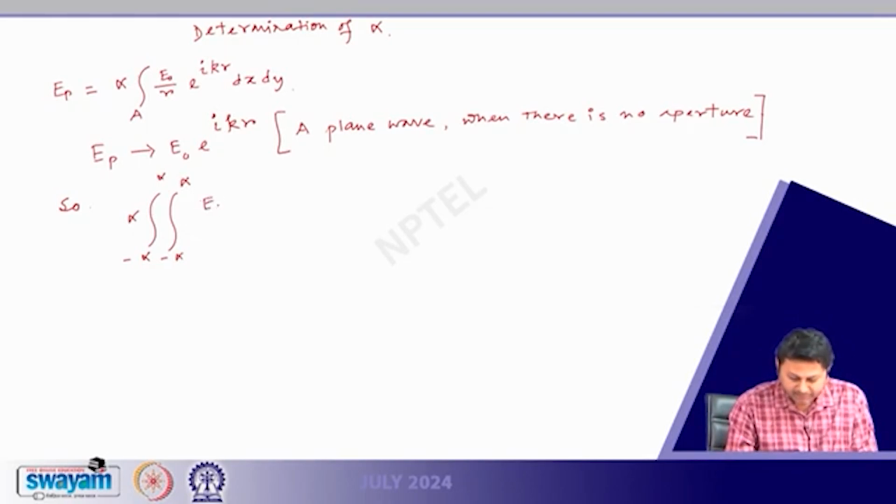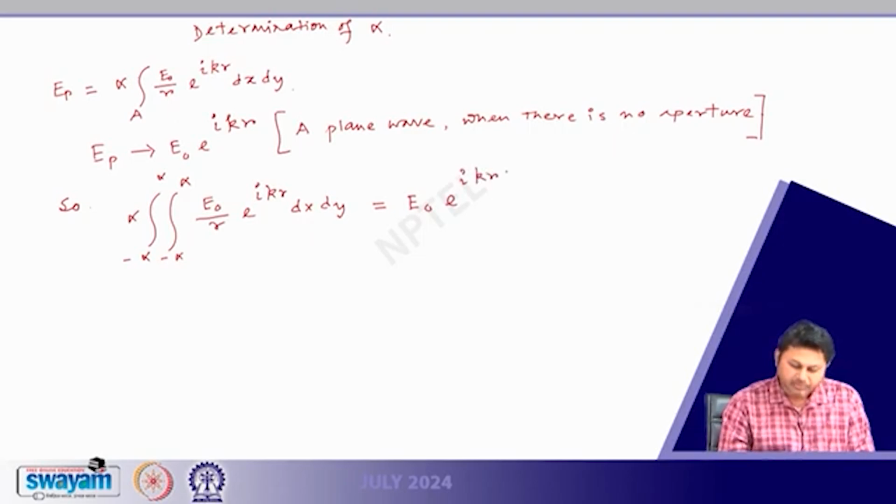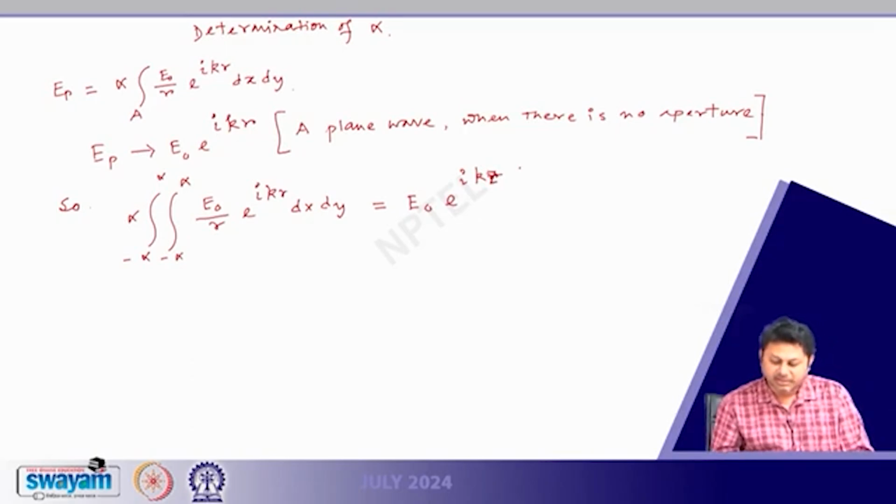Then we have E naught divided by r, e to the power of i k r, dx dy, and based on that condition I can say that the left hand side should be equal to simply E naught e to the power of i k z, because at the end of the day what we have is not k r, it is k z, since the plane wave is moving along the z direction.